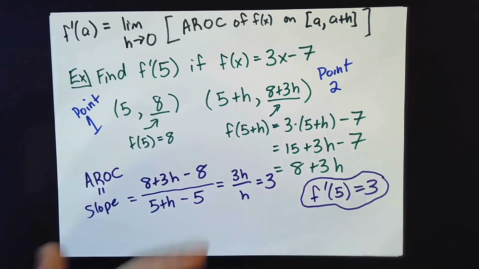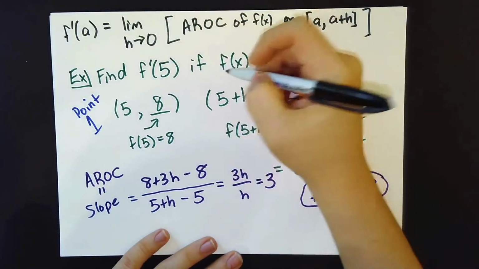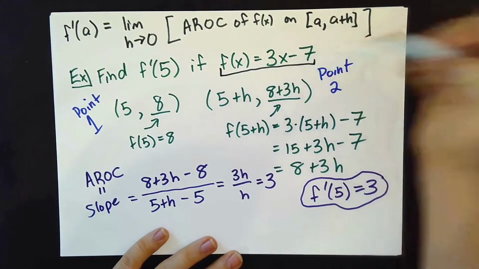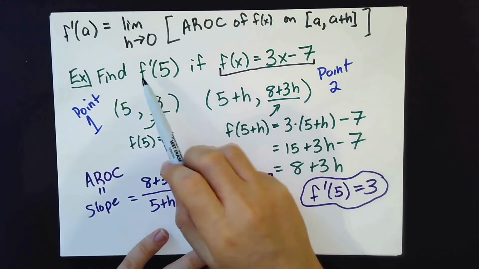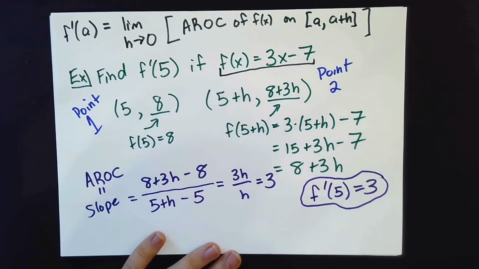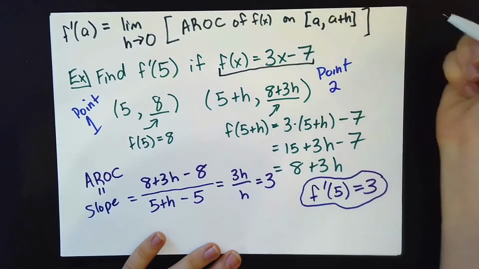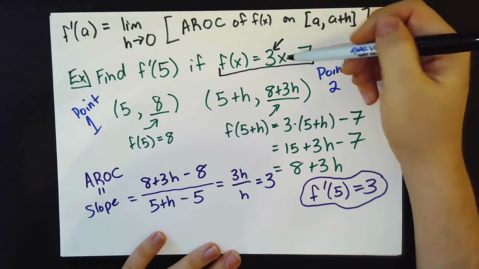Okay, I want to point out what happened here. What happened here is that I looked at a function whose graph is a line, and then I asked the question, what's the slope of the graph of this line at 5? And I got the answer that it's 3. Well, 3 is not coincidentally the slope of the graph at every point, because the graph itself is a line.